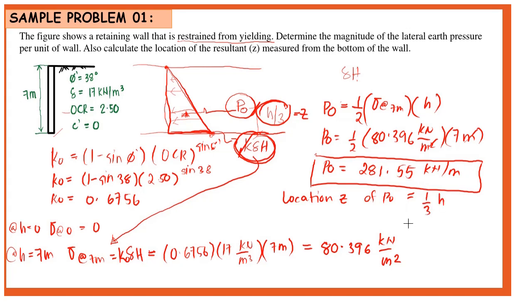So the location D is equal to 1/3 of 7 meter. What we get there is equal to 2.33 meter. So that will be now our location of our resultant measured from the bottom. That is equal to 2.33 meter. Okay?